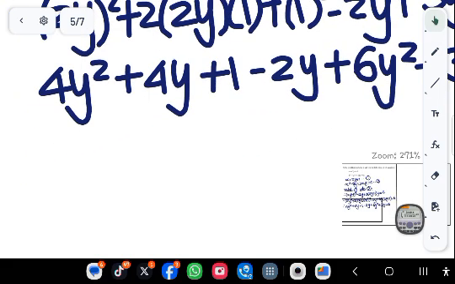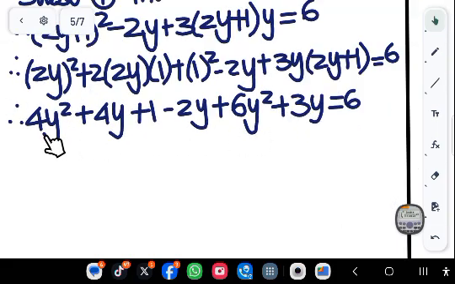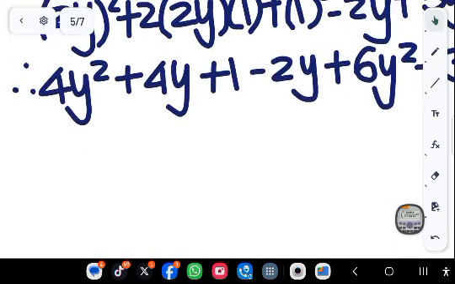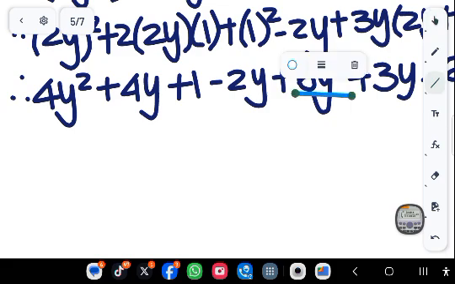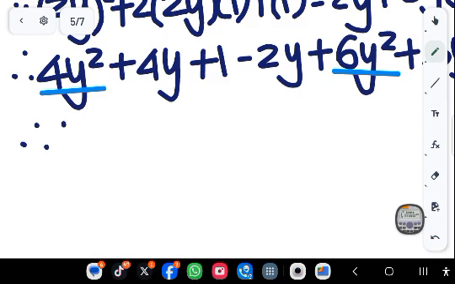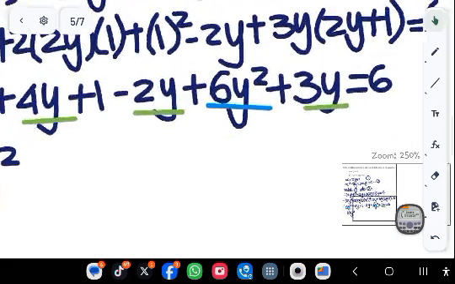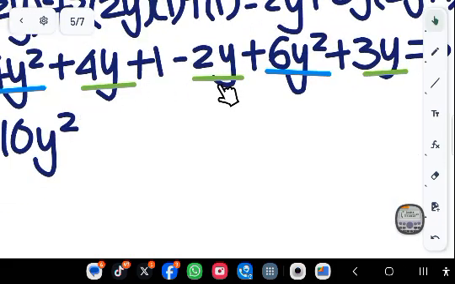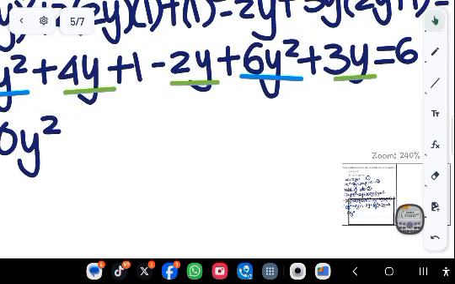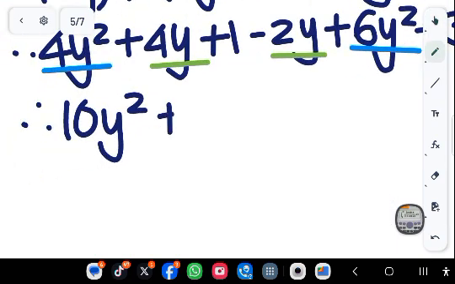Add like terms. The y squared, 4y squared plus 6y squared, gives us 10y squared. Then the y terms: 4y minus 2y is 2y, plus 3y gives us 5y.